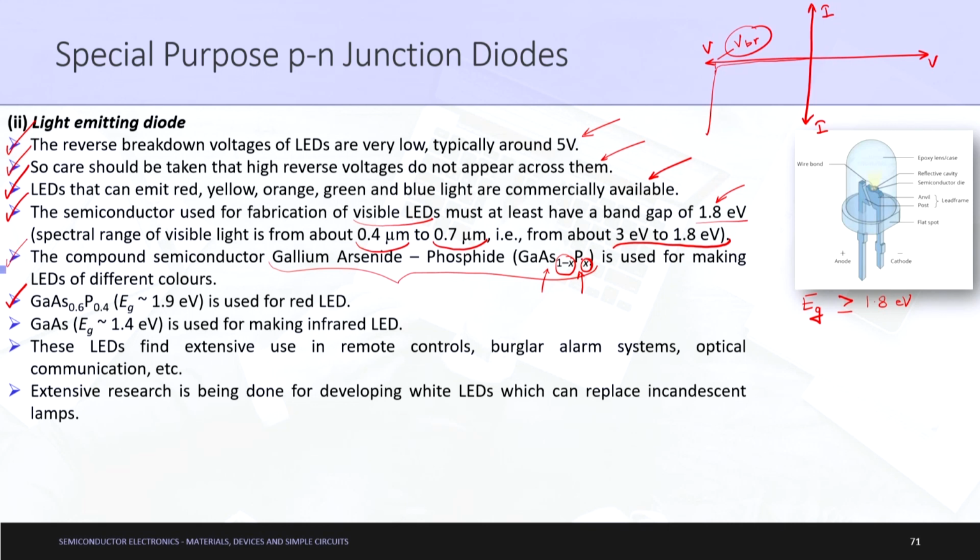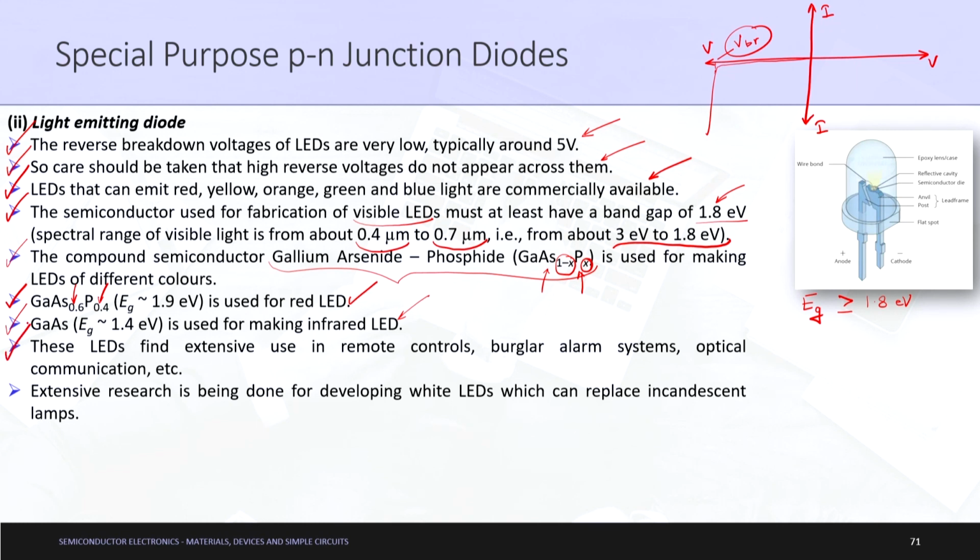The x value will always lie between 0 and 1 only. So, if x is 0.4, then arsenic will be 1 minus x, that is 0.6, which is used for red LED. Okay. Then gallium arsenide, which has an energy gap of approximately 1.4 electron volt, is used for making infrared LED. Quite evident, infrared LED is not visible to us.